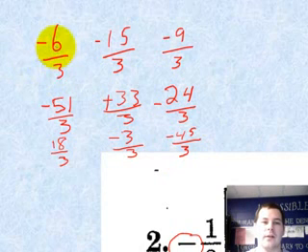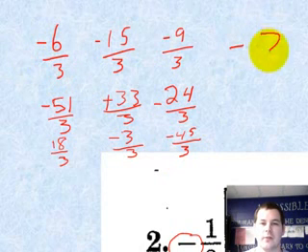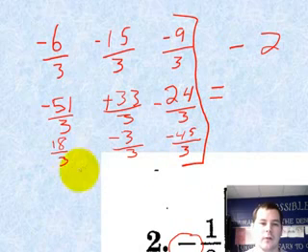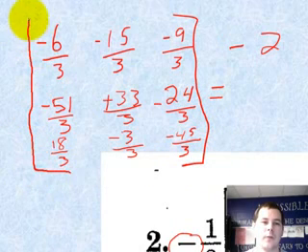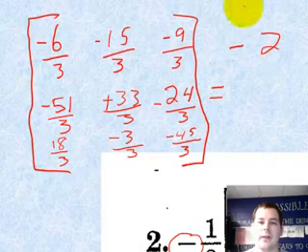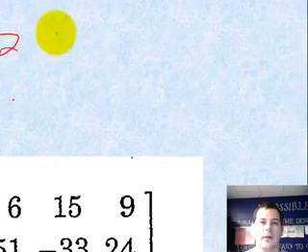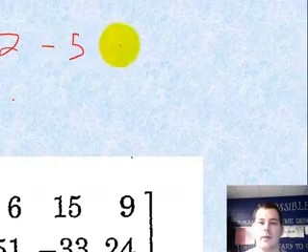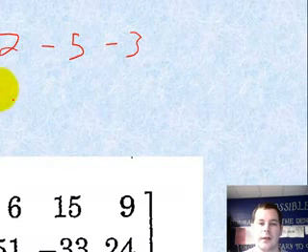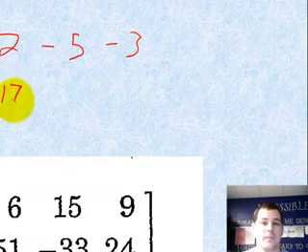Okay. So we have 6 divided by 3 is going to be 2. We have negative 15 divided by 3 is going to be a negative 5, negative 3, negative 17.